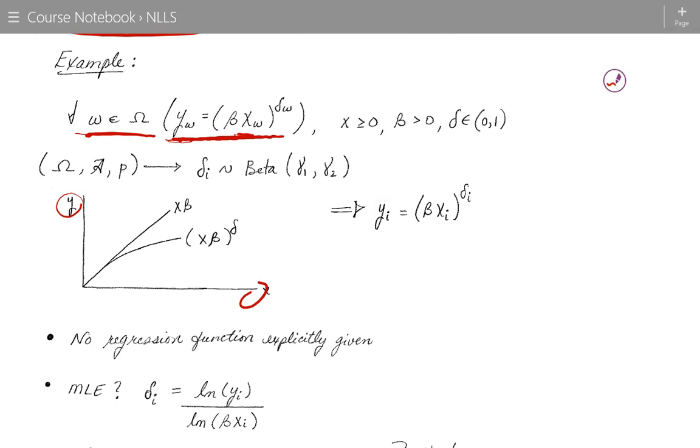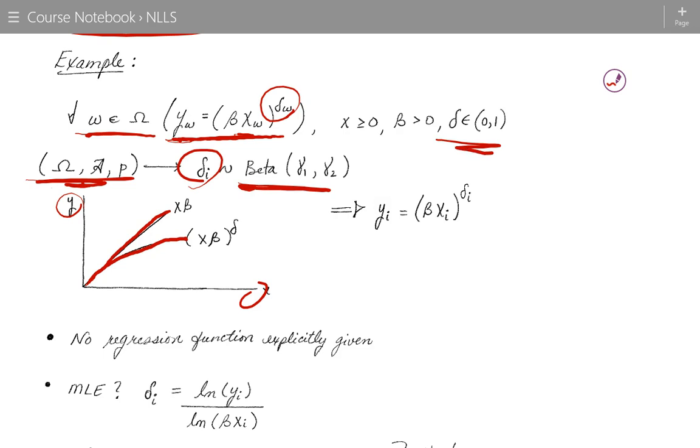Here is a straight line that is simply x beta, and for each person in the data set, it is bent a certain amount according to their own individual delta. So this delta, when we apply it to a probability space, is a random variable, and let's suppose for the moment the random variable has a beta distribution. In other words, delta goes between 0 and 1, which is what I had mentioned up here.